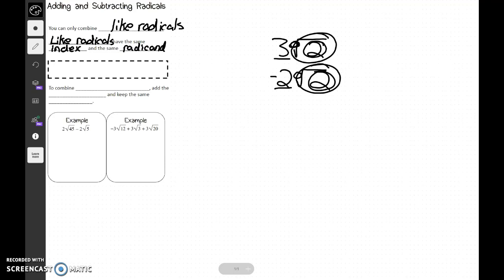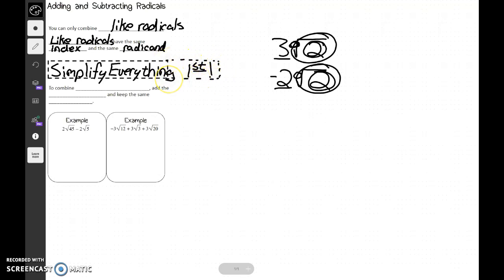Now, in this little box right here, we want to write down the most important rule, kind of the golden rule here for adding and subtracting radicals, and that is to simplify. Simplify everything first. We'll just extend that little box.